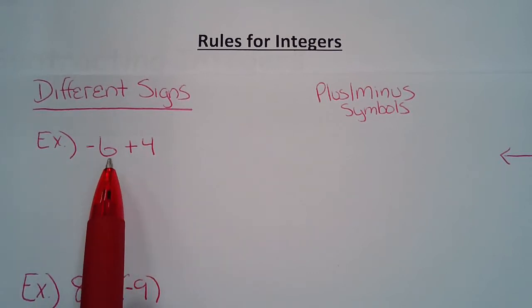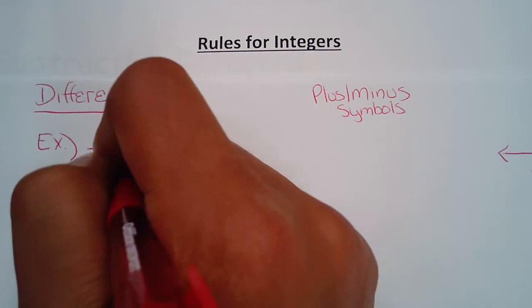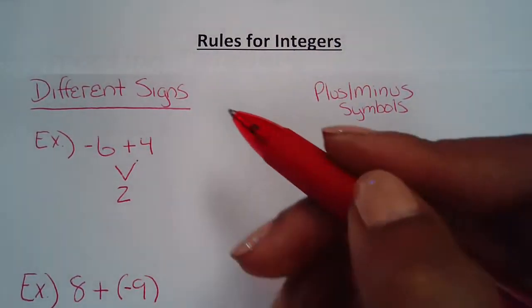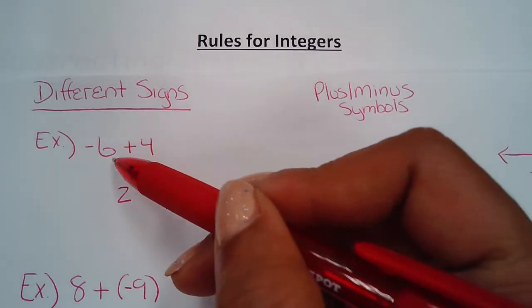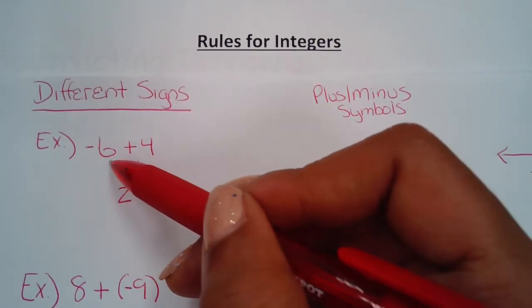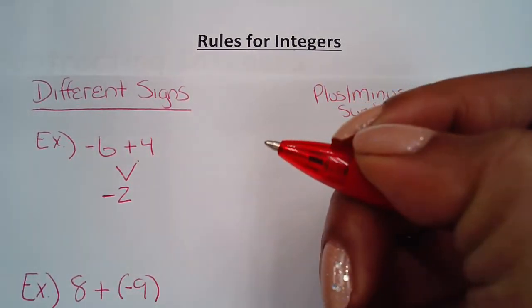So basically, I'm going to do 6 minus 4 is 2. And then my answer is going to take on the sign of the larger of the two. And since 6 is larger than 4 and it has a negative attached to it, my answer must also have a negative attached to it.